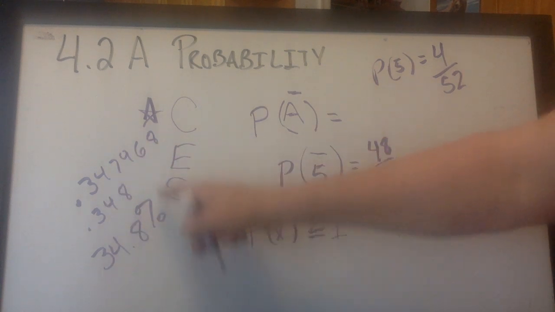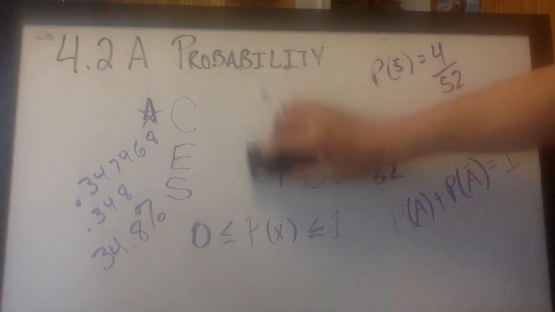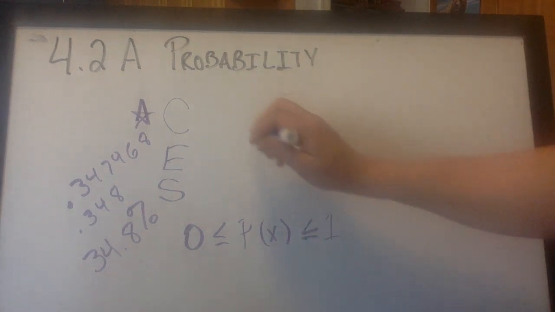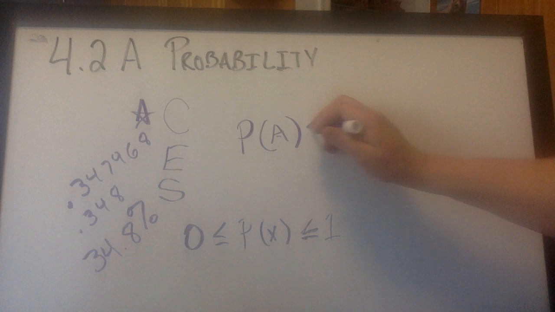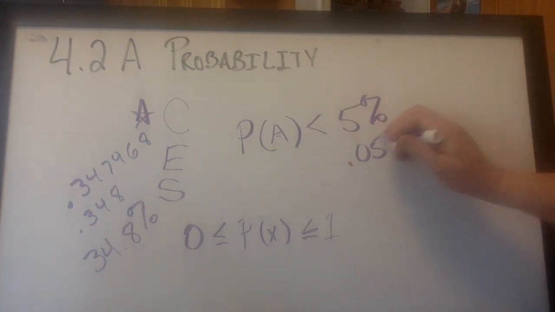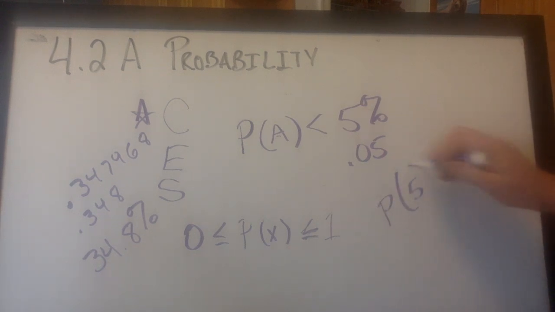Okay, and then our last question is, what makes a probability unusual? And this is where you will divide. To make a probability unusual, our probability has to be less than 5% or 0.05. So is it unlikely to get a 5, which was 4 out of 52?